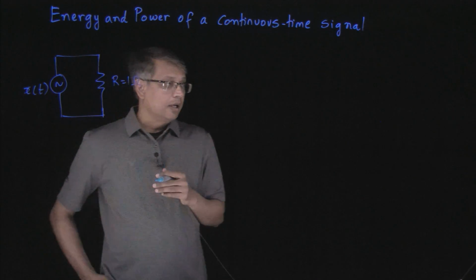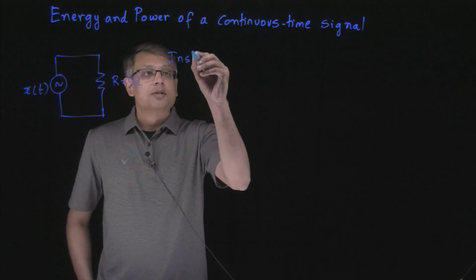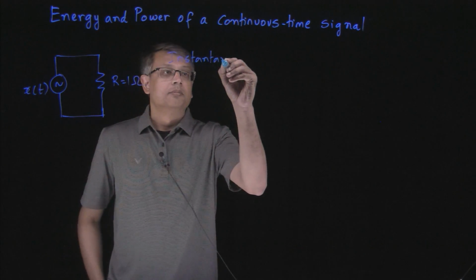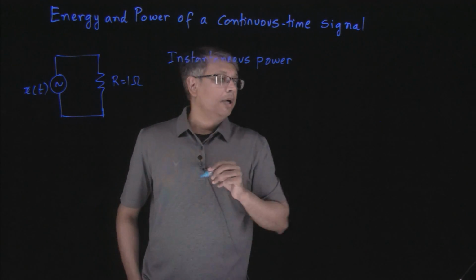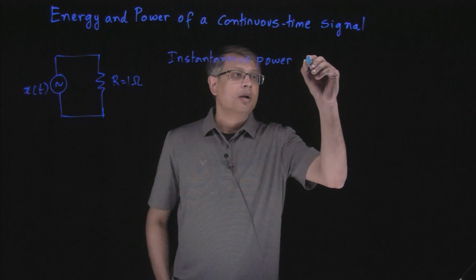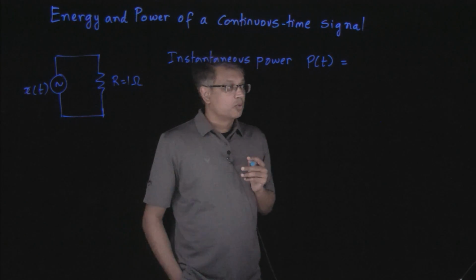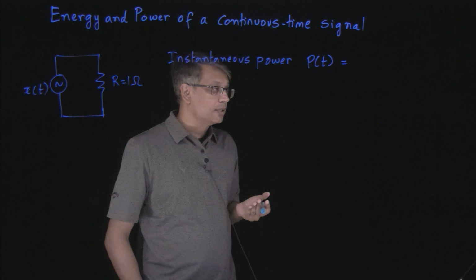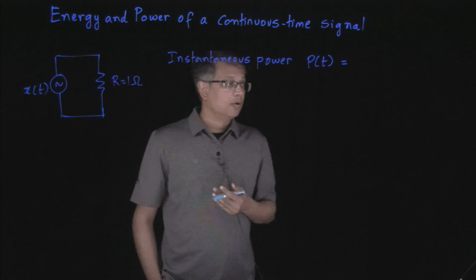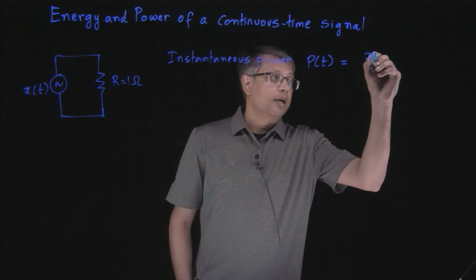Now at any given time t, the instantaneous power dissipated in the resistor, we know that is going to be the square of the voltage across the resistor divided by the resistance. In this case, the voltage across the resistance at time t is given by x of t.